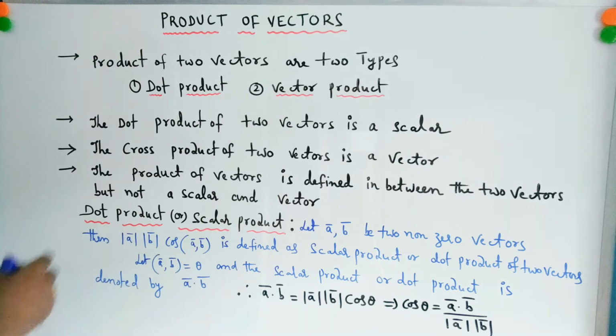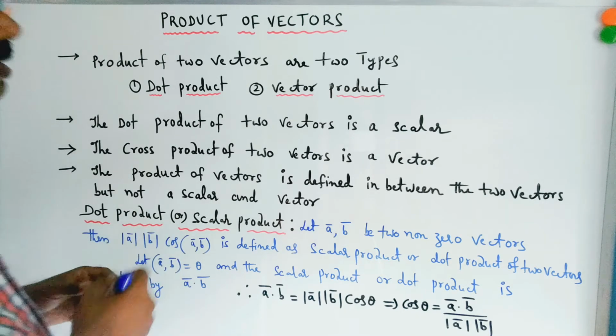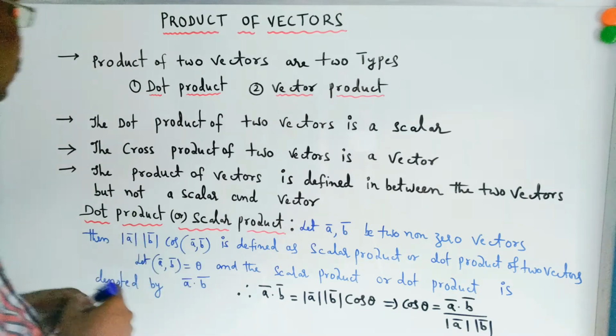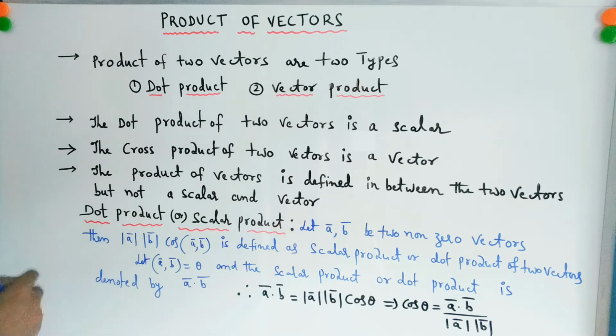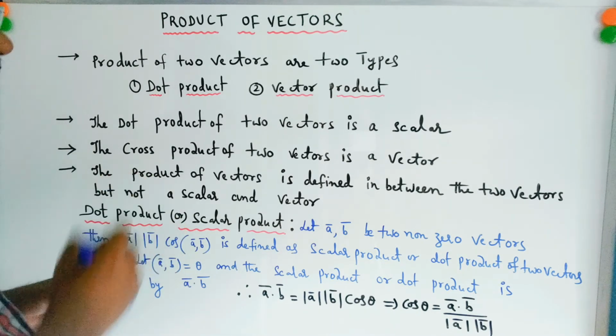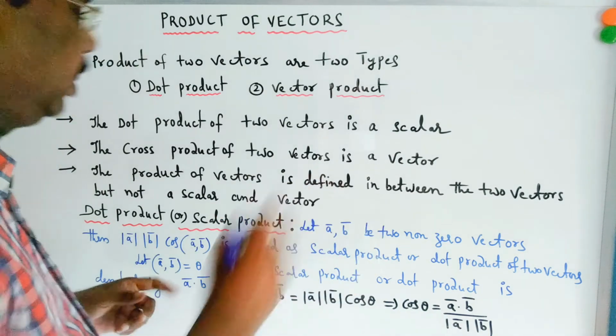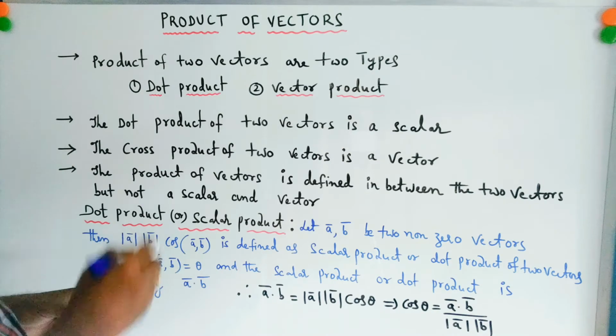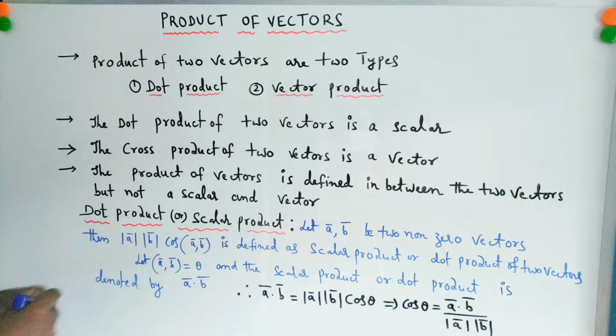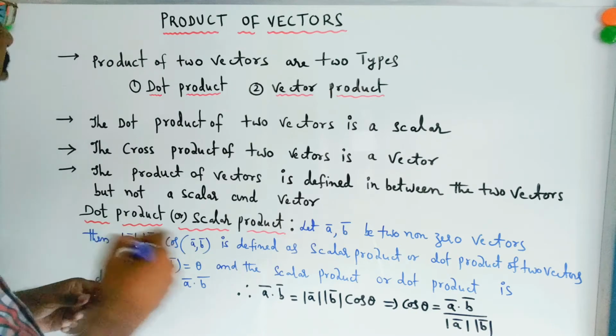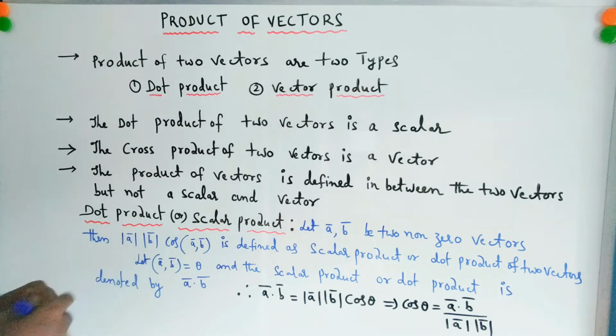Second point, the cross product of two vectors is a vector. Third point, the product of vectors is defined between two vectors, but not a scalar and vector.